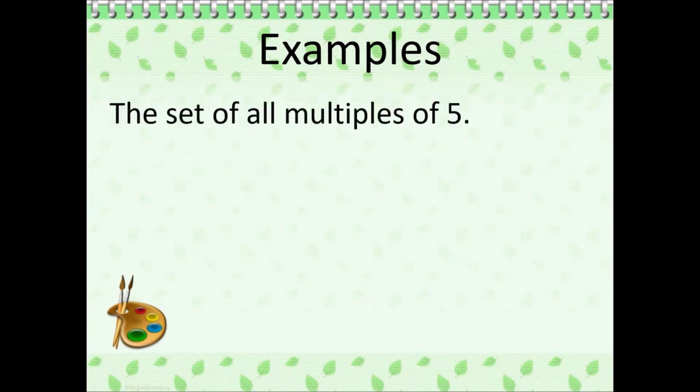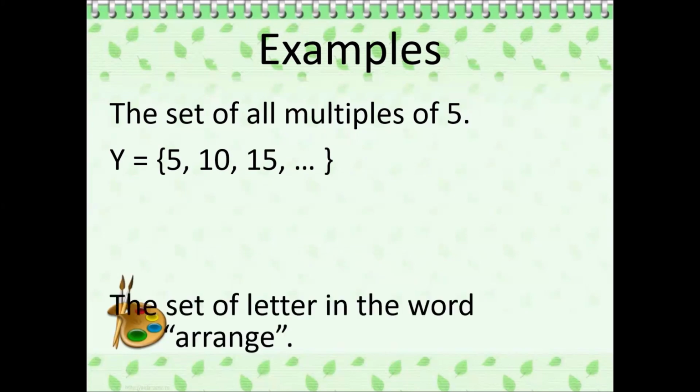Another example of a well-defined set: the set of all multiples of 5. The letter to represent multiples of 5 is set Y, and it has elements 5, 10, 15, and three dots, or the ellipsis symbol.